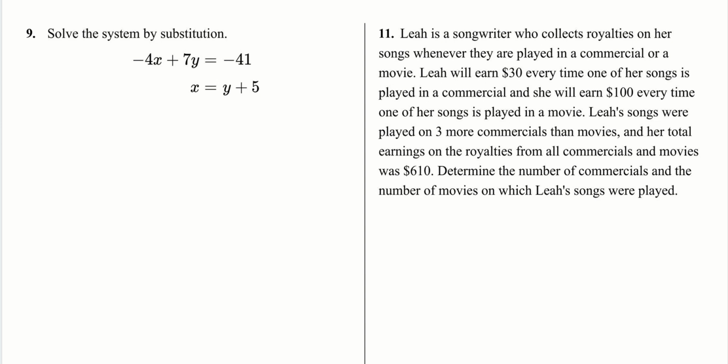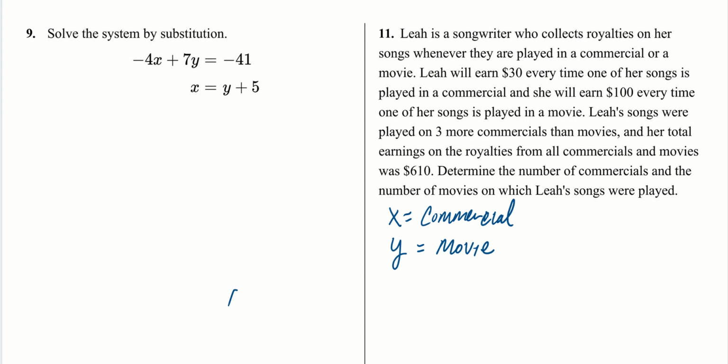So let's say x is going to be commercial and y is going to be movie. They say that her songs were played on 3 more commercials than movies, and her total earnings from all the commercials and movies was $610.